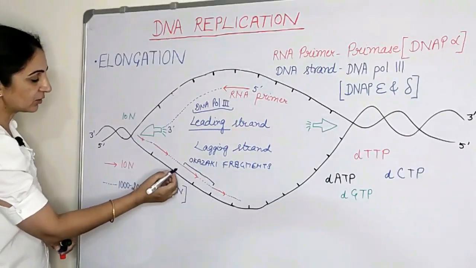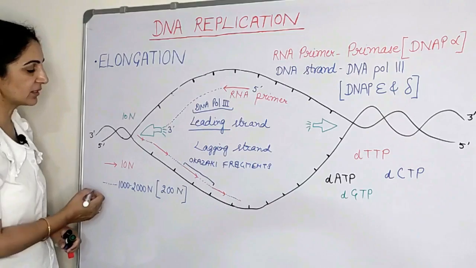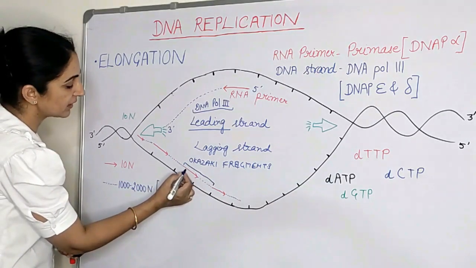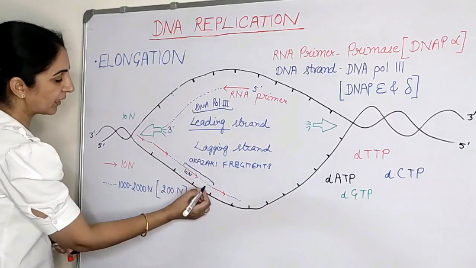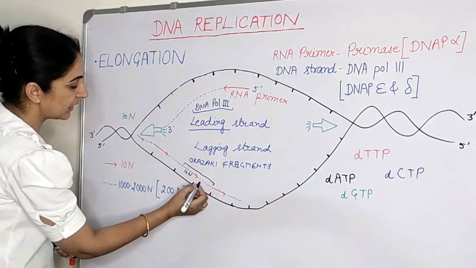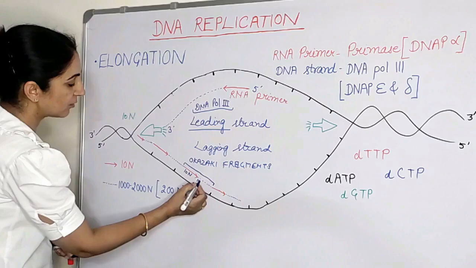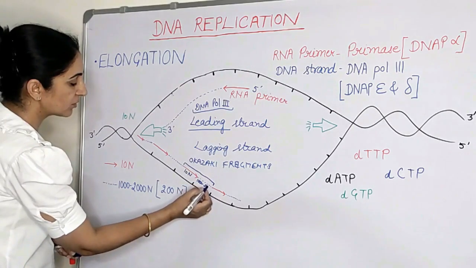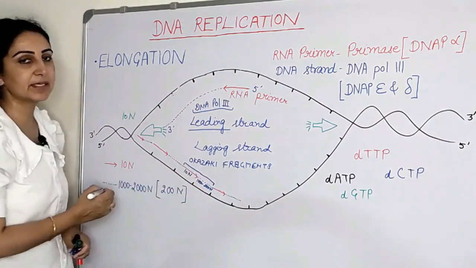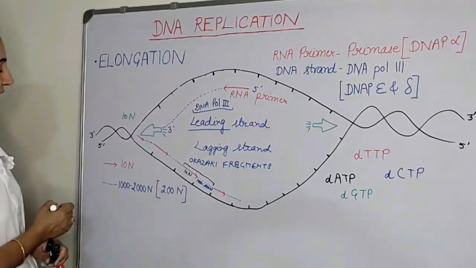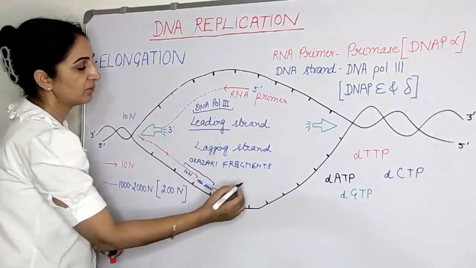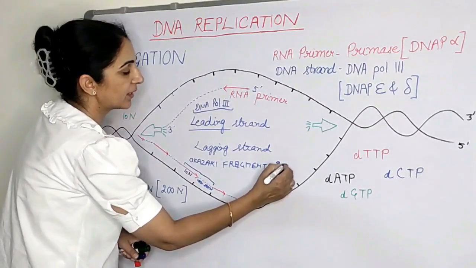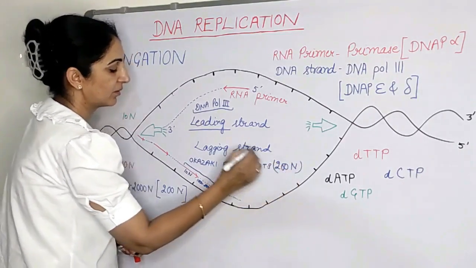So what is the length of these Okazaki fragments? See, this primer is always 10 nucleotides long, and these DNA strands are 1000 to 2000 nucleotides long in the case of E. coli, and in the case of humans these Okazaki fragments are around 200 nucleotides long.